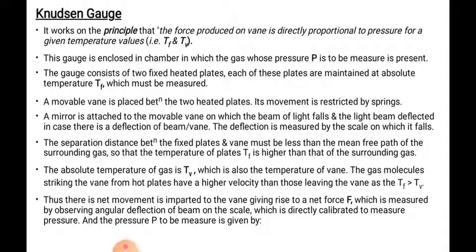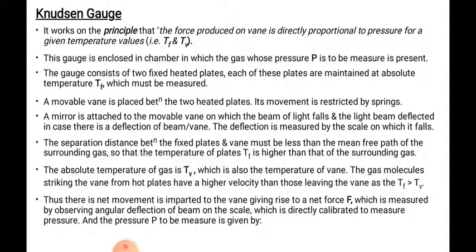The distance between the fixed plate and the vane is less than the mean free path of the surrounding gas, and that distance is a measure of pressure, so that the temperature of the plate Tf is higher than the surrounding gas. The absolute temperature of the gas is Tv, which is also the temperature of the vane.